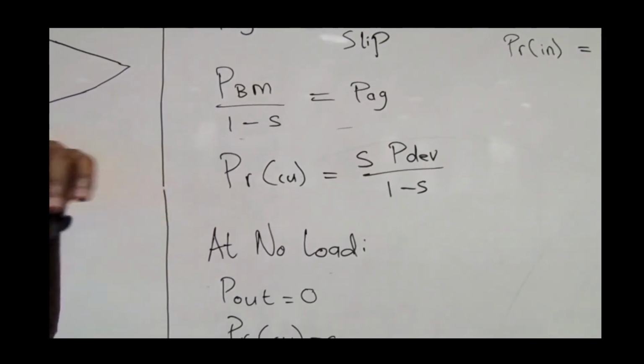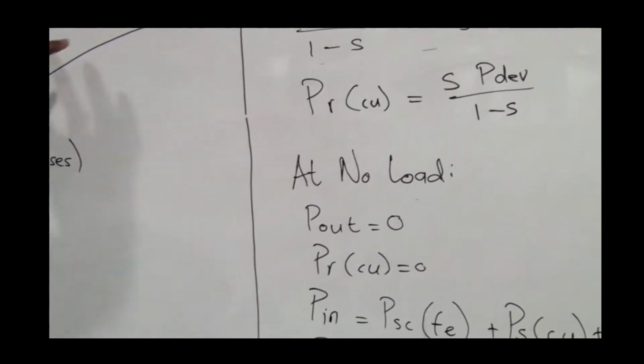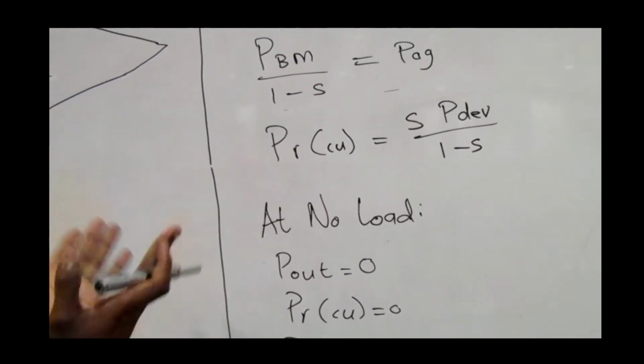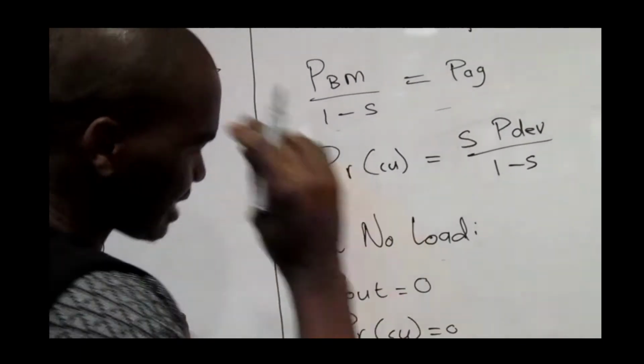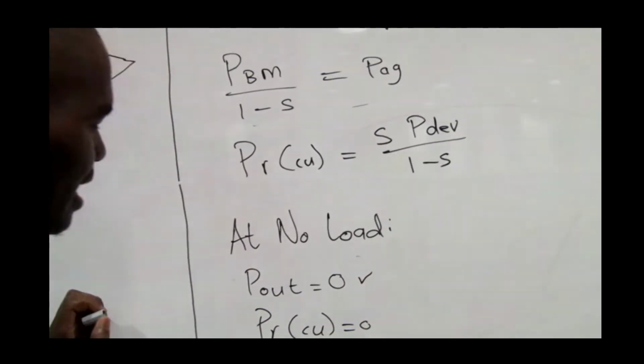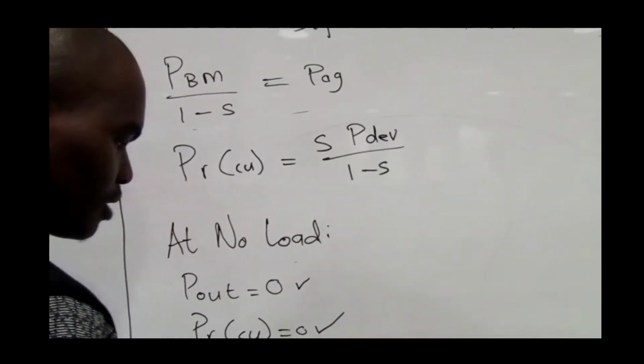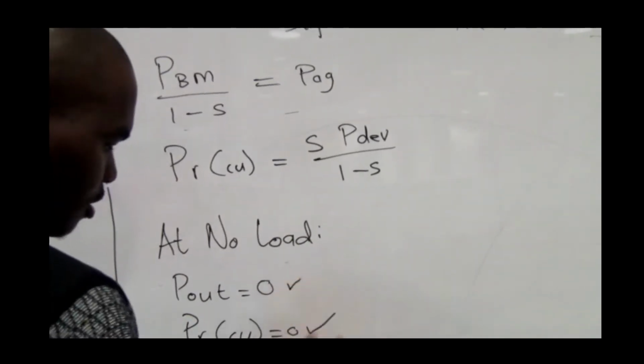Another thing that I have to explain: if you have a system like this and it's given at no load, you must understand that P out at no load is 0, and the rotor copper losses at no load are also 0.